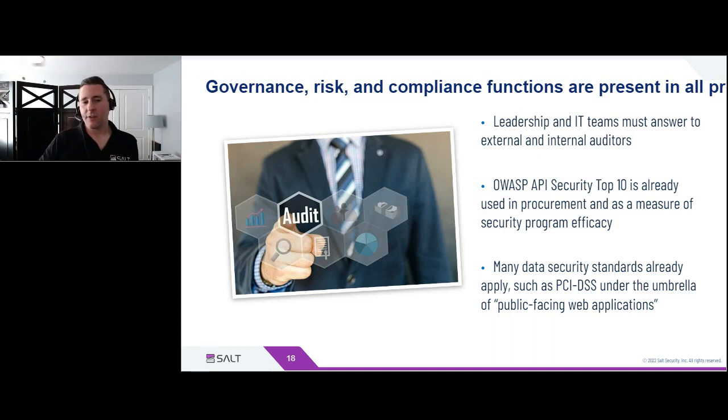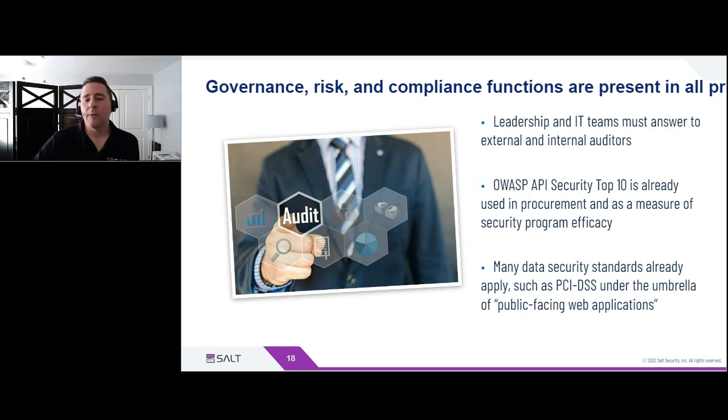And many data security standards already apply. If you are familiar with PCI, the Data Security Standard, or DSS, it's evolved. I think we're on 3.2 currently, but the language gets tightened up over time and clarified. Today it doesn't really spell out APIs very specifically. It just talks about this large category of public-facing web applications.